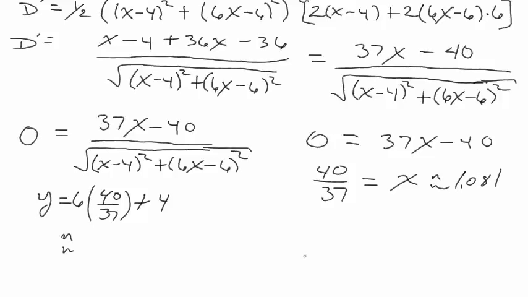Add 4 to it. I get 10.486. Okay, so we got both of our numbers. We got our x. I'll just rewrite it here. X is equal to 1.081, and actually these are approximate signs, and y is approximately 10.486.